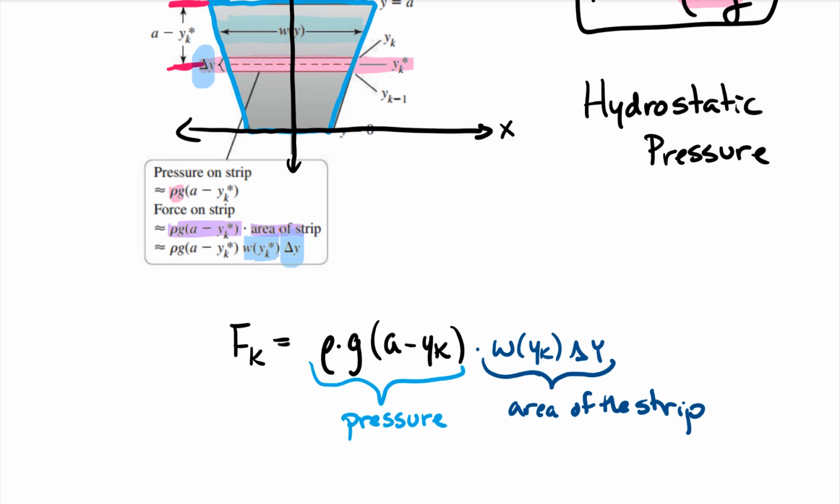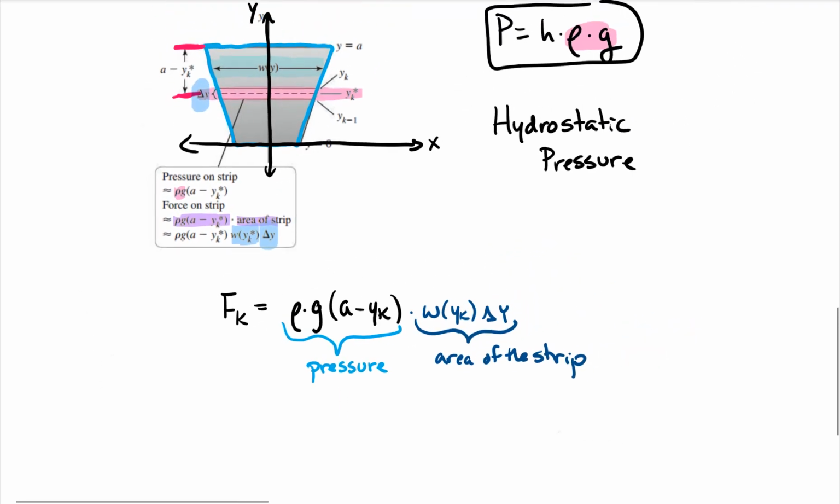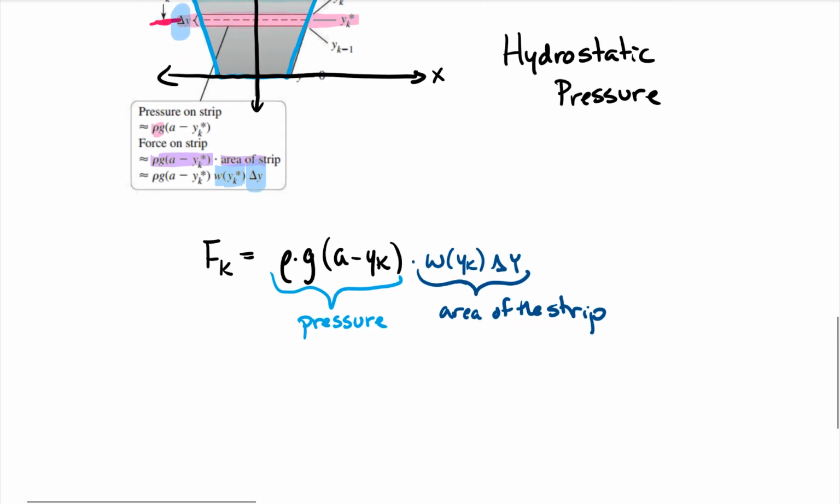I hope you know what's going to come next, since we have a couple more of those strips. We can say that the total force will be approximately the sum as k equals 1 up to n of our F sub k's. I'm not writing that whole thing in there again. We know what it is.